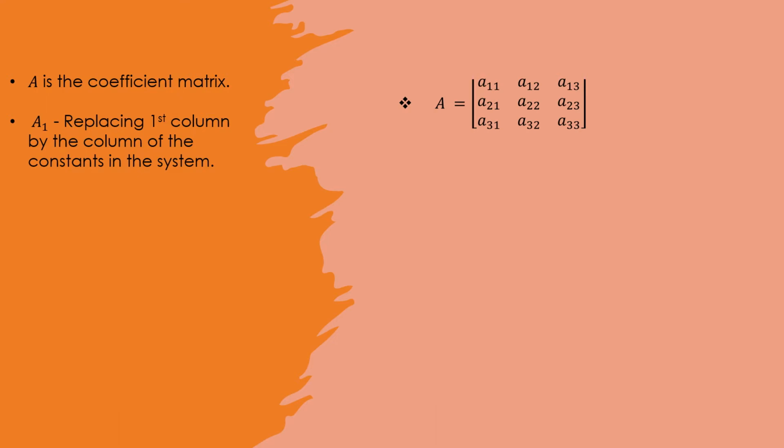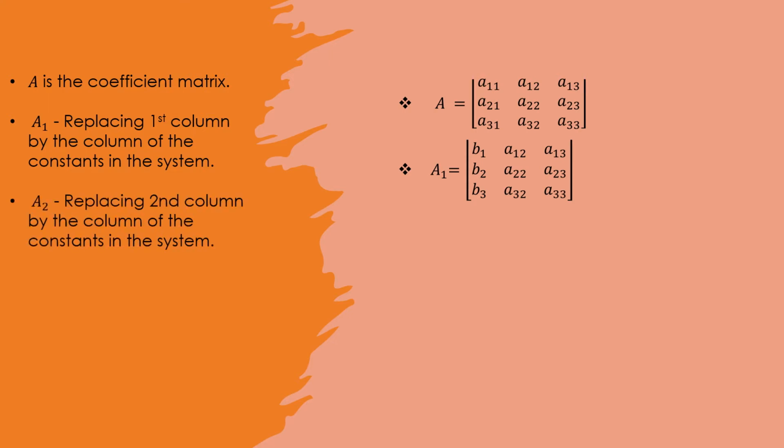And A1 will be a matrix where the first column of your previous matrix is replaced by just the constants. The constants on the right hand side were b1, b2, b3. So you are replacing a11, a21, a31 by b1, b2, b3.